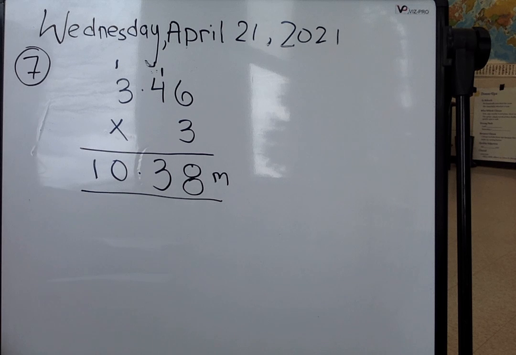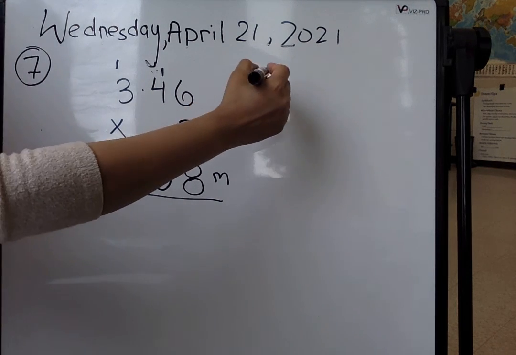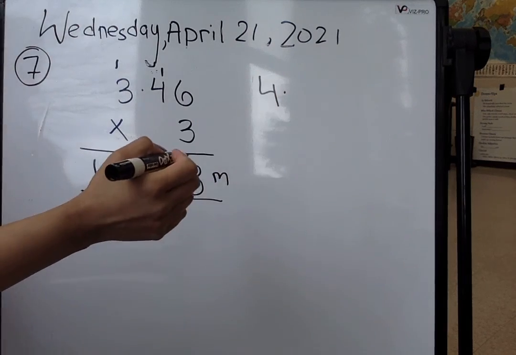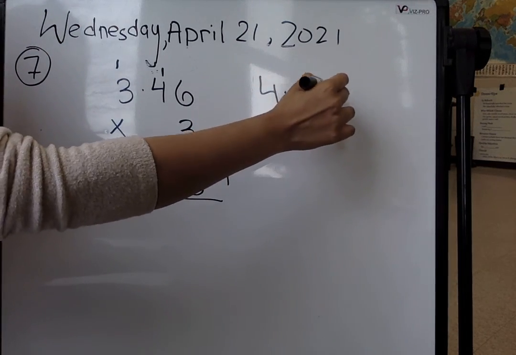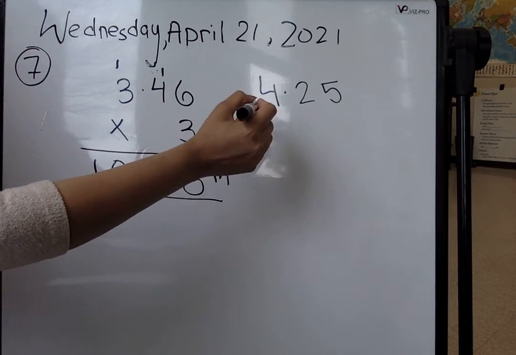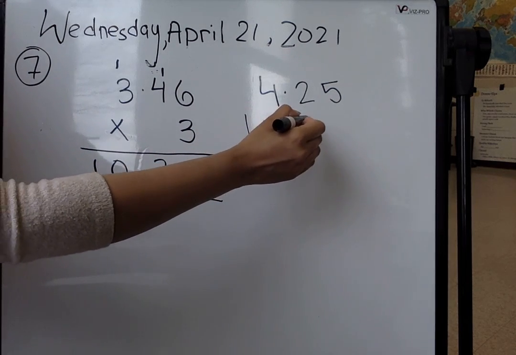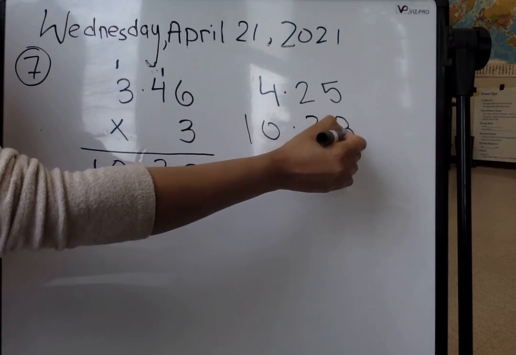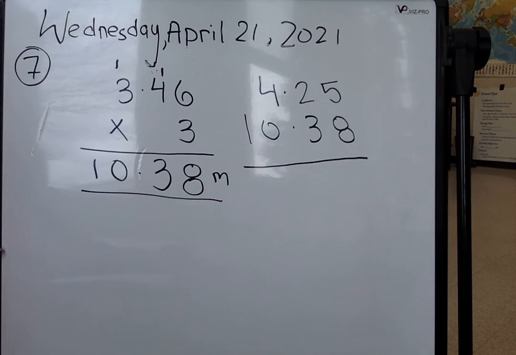Now let's find out, she also has a living room to work on. So for a living room, she used how much? 4.25 meters. And for bedrooms, what did she use? 10.38. What do you think we need to do?